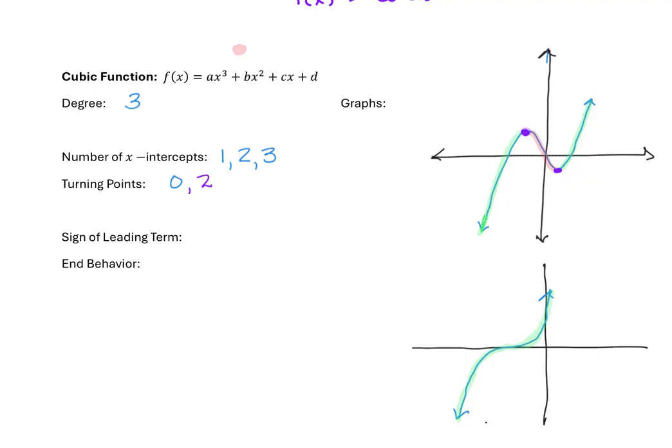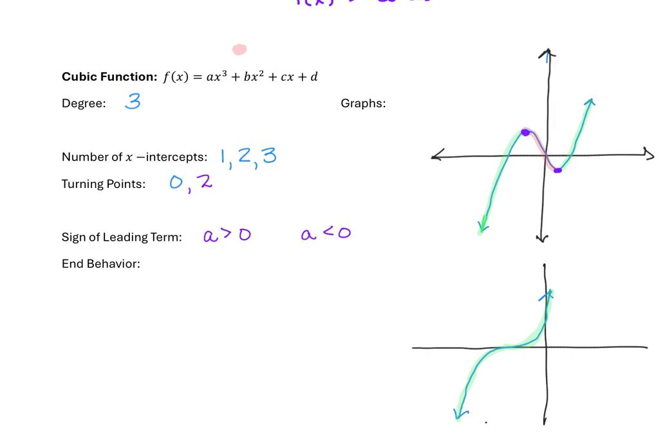Why is that? Well, that has to do with end behavior. All right, so just like before with our linears and our quadratics, we do have sign of leading term. And so we do still have A can be positive and A can be negative. Both of these examples here are for when A is positive. The first one was just x cubed.